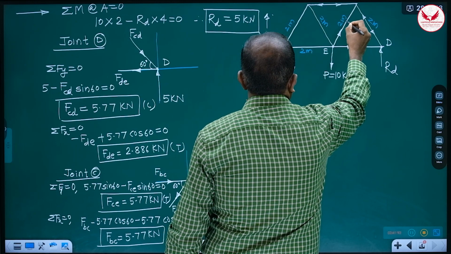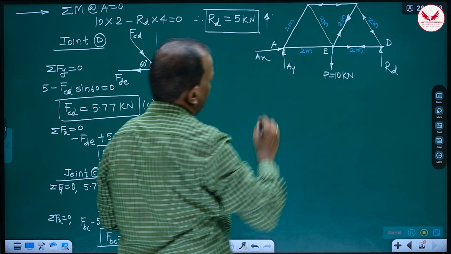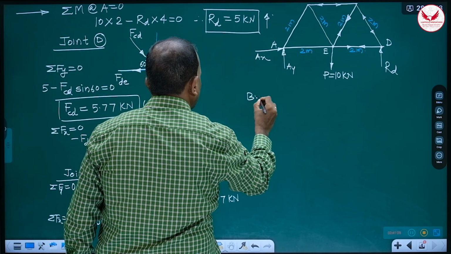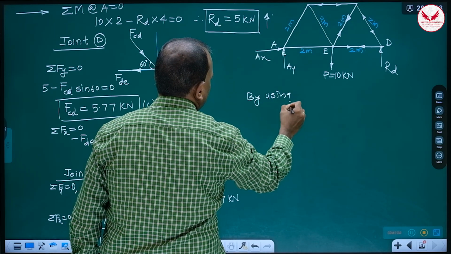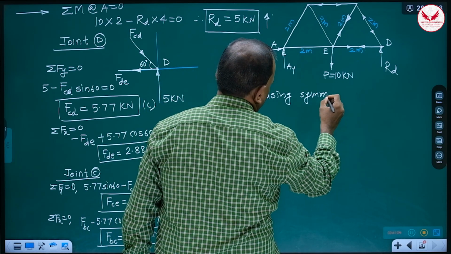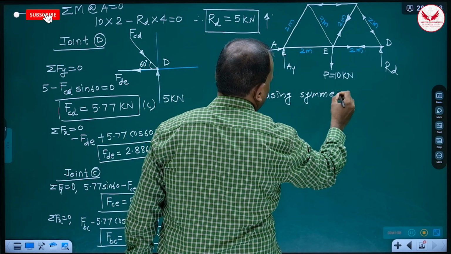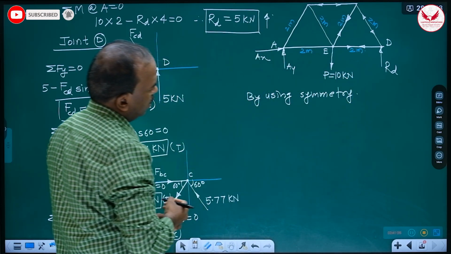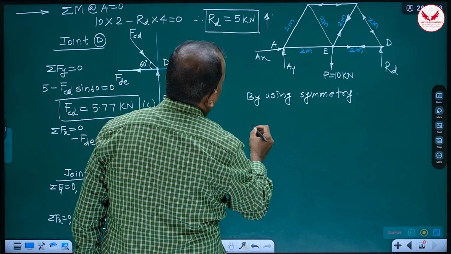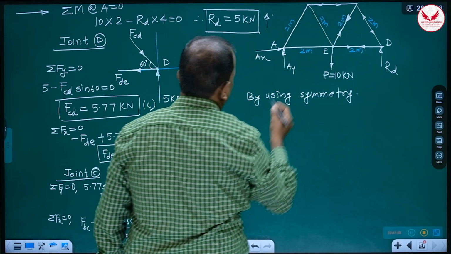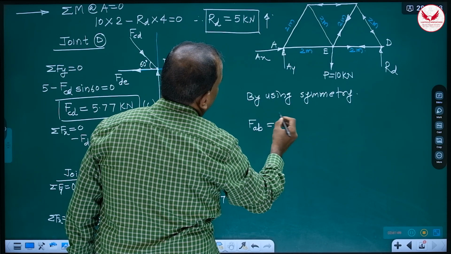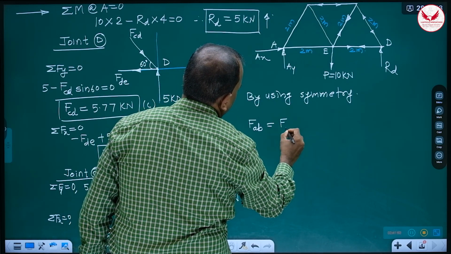Tensile means away from the joint. So these answers we have got. Now by using the symmetry, what will be there? And just this is like a table only. So this is B, this is C. FAB must be like FCD.